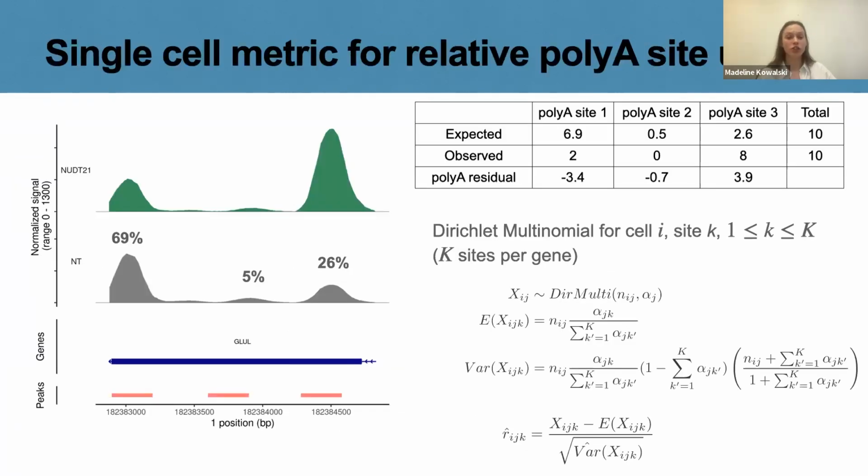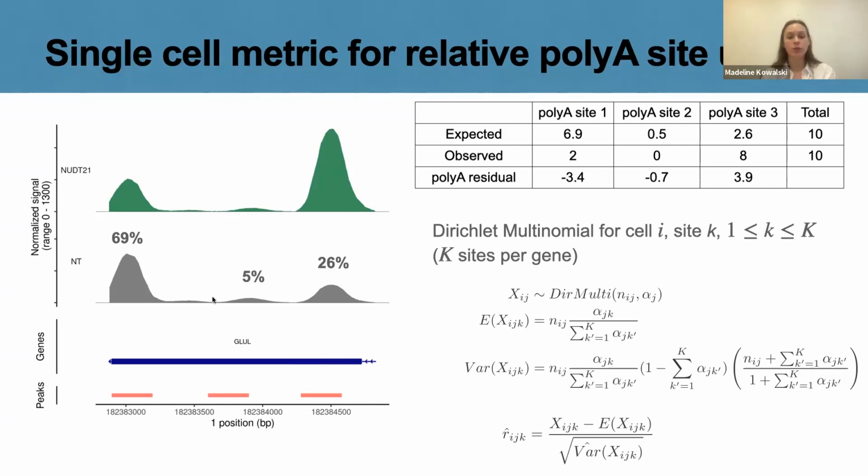So our goal for each cell and at each polyA site is to assess how consistent the counts we observe are with what we observe in a background distribution, which here we can estimate from cells that received a non-targeting guide. So for instance, from our non-targeting cells, there are 3 polyA sites in this gene, and we expect them to fall roughly as follows.